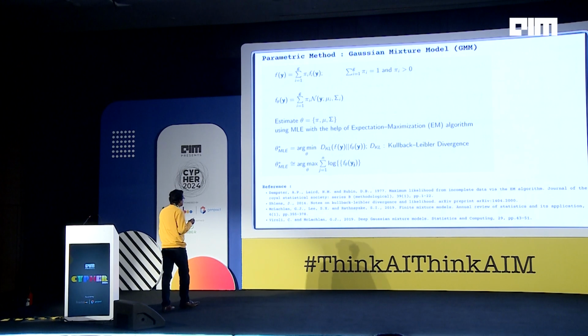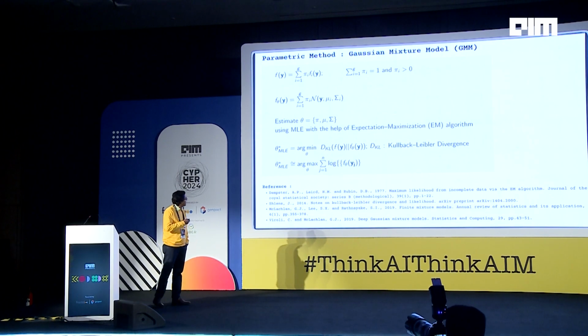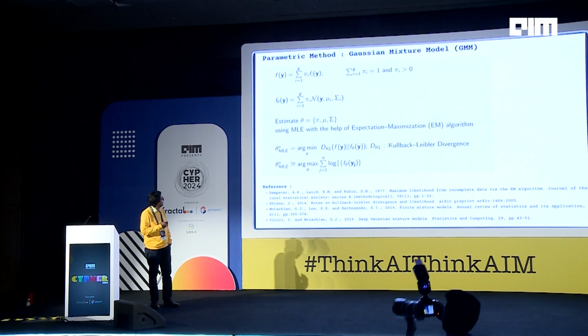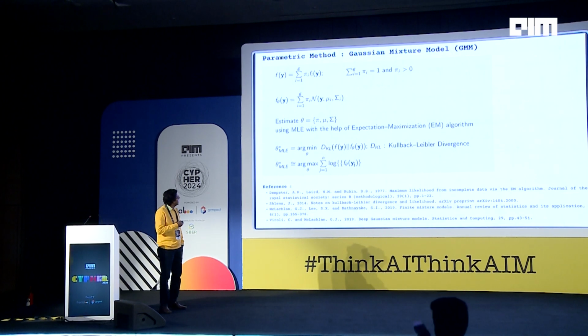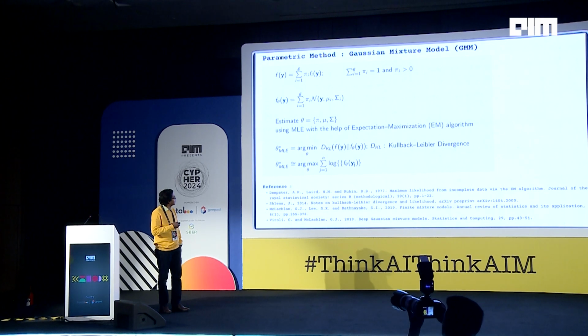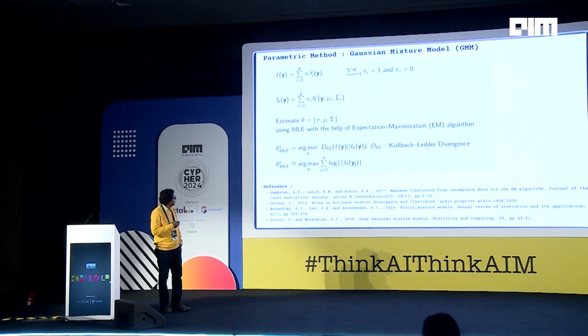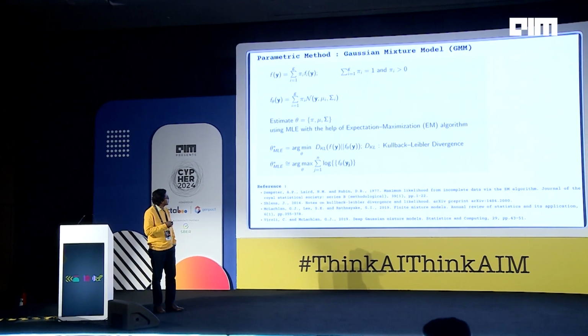Now if you do that, your problem comes down to this. This is your maximum likelihood estimation, theta star MLE, which would be the argmin of the KL divergence between f(y) and f_theta(y). f(y) is our actual distribution, f_theta(y) is what you want to achieve, and this KL divergence should be minimized.